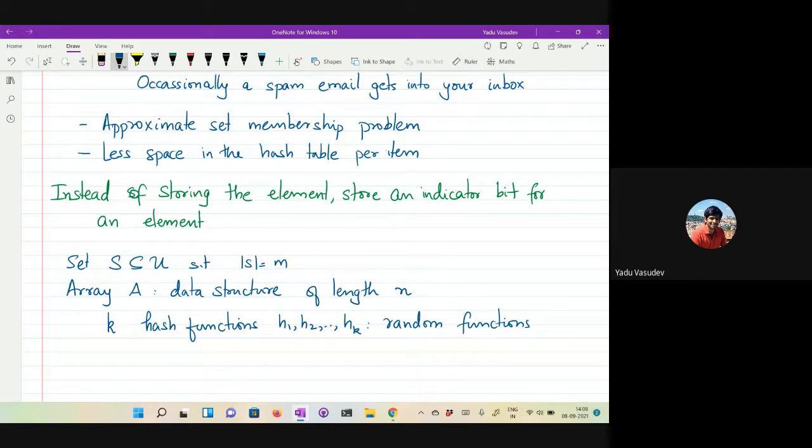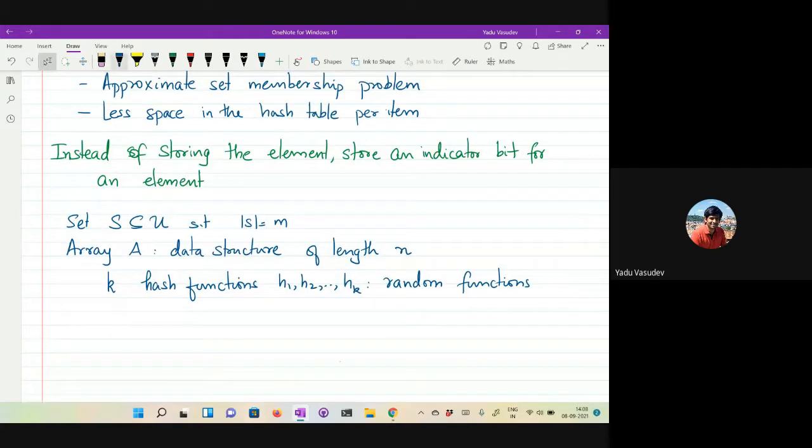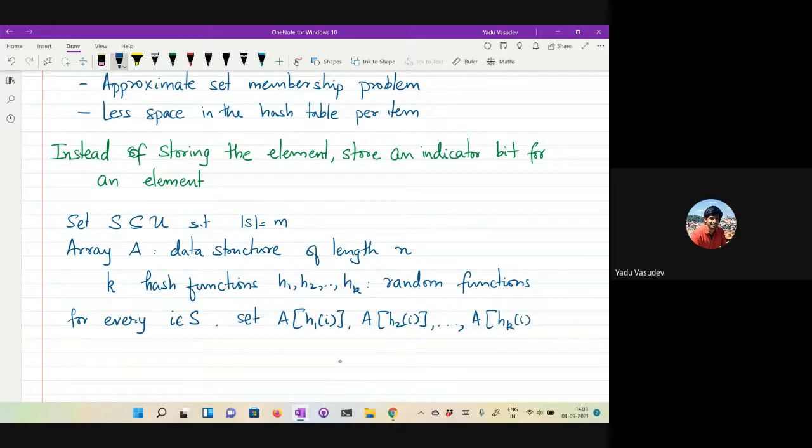So you have K hash functions, and the way you store these items is as follows. For every I in S, you set the bits A of H1(i), A of H2(i), and so on till A of Hk(i) to be equal to 1.